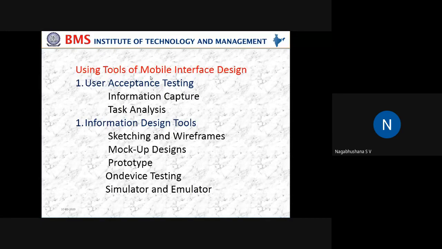Next, one of the very important things is testing. On-device testing means you are trying to test your applications on different kinds of devices, and take feedback on how it is responding from the user interaction perspective from different angles, and correspondingly you do the fixes.